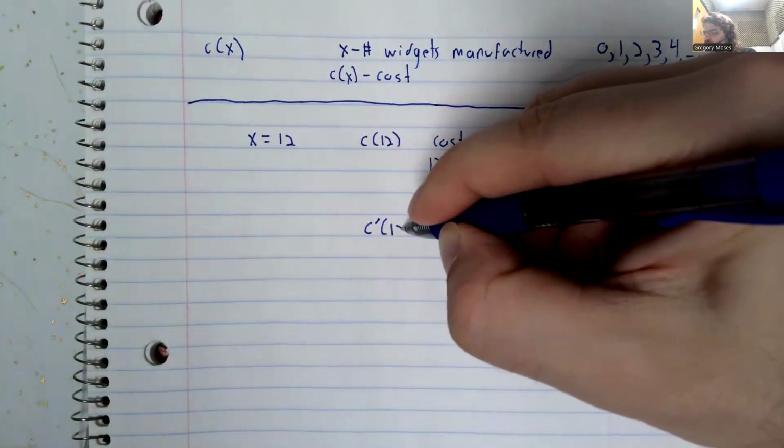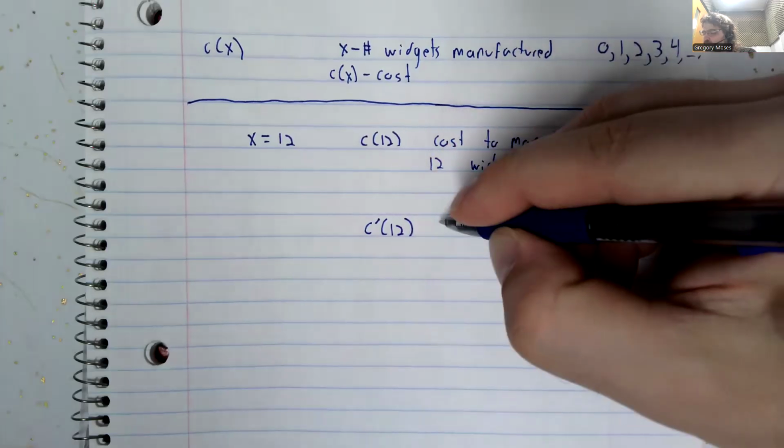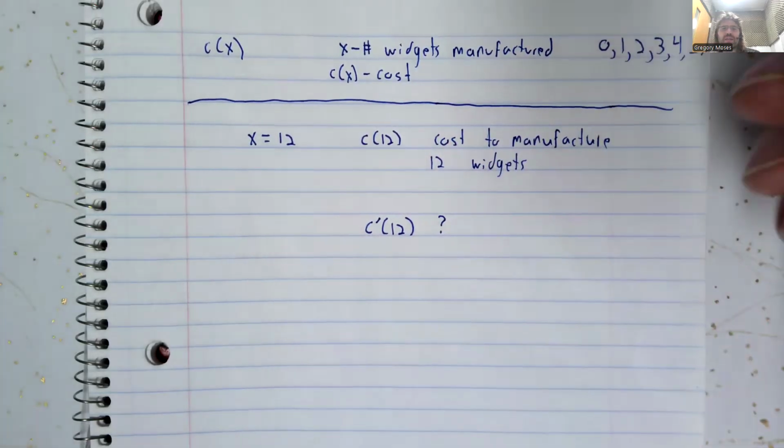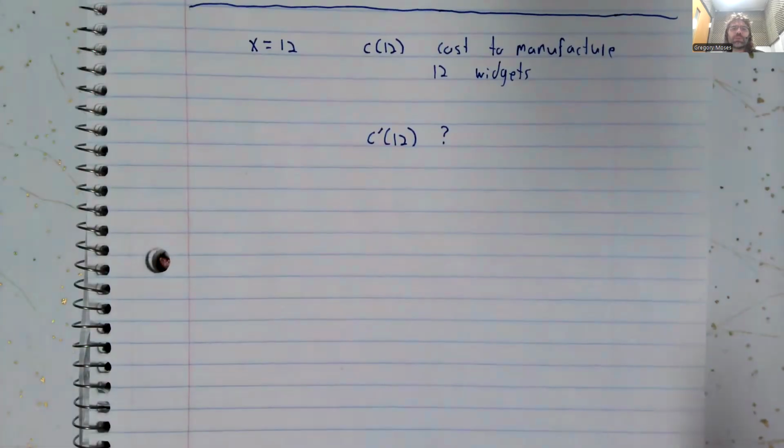What about C prime of 12? What about the derivative at 12? Let's tackle this using the limit definition of the derivative. Let's just tackle this directly.